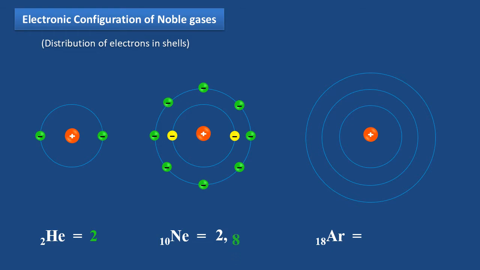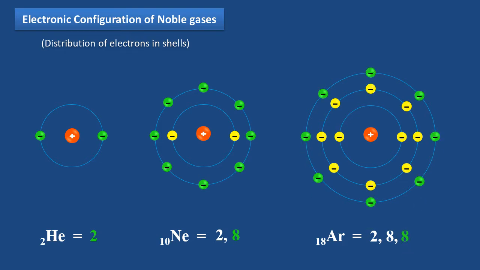So its electronic configuration is 2, 8. Next we have argon. In argon, the electrons are distributed as 2, 8 and in the valence shell we have again 8 electrons. So 2, 8, 8 is its electronic configuration.